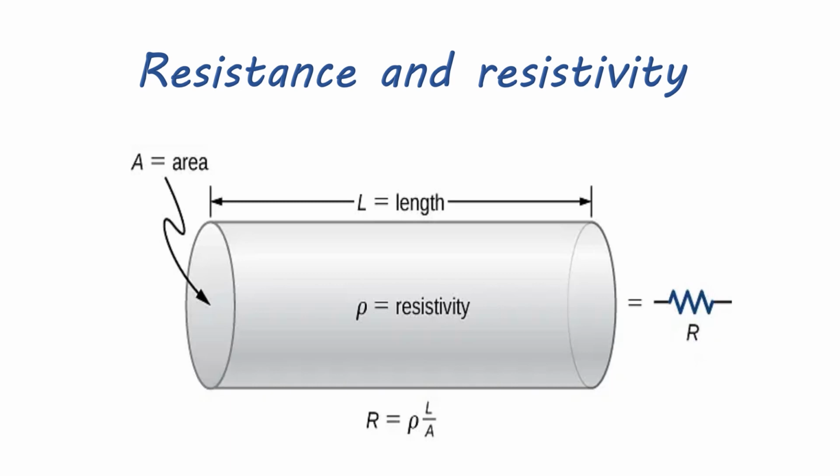So let's take this picture back. Now you'll understand that when we pass the electric charge through this battery or conductor, there will be opposition by the resistance, and the resistivity will help the resistance. Now, the resistivity is measured by this formula.